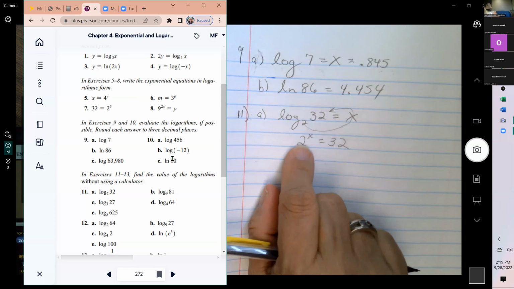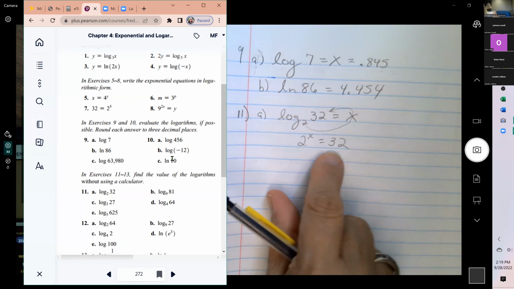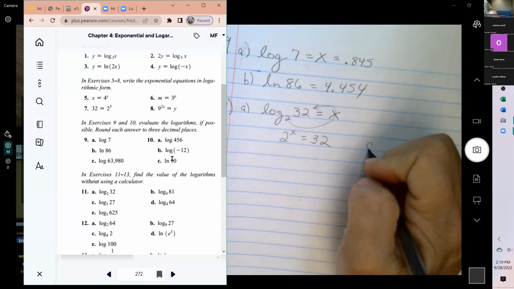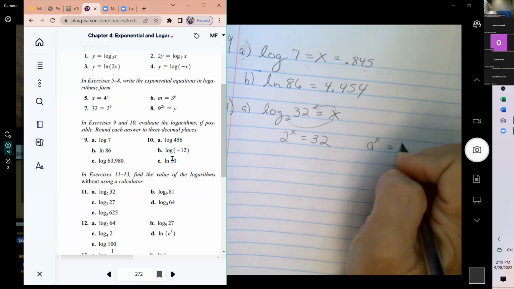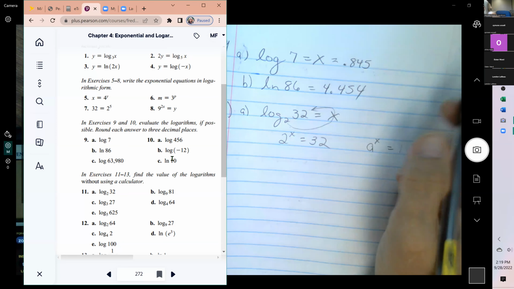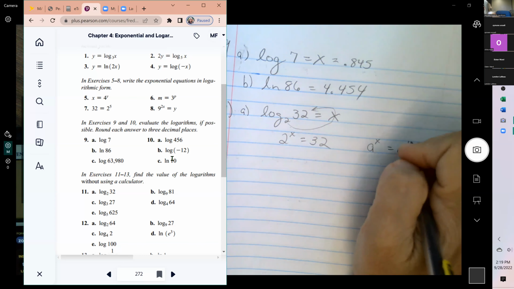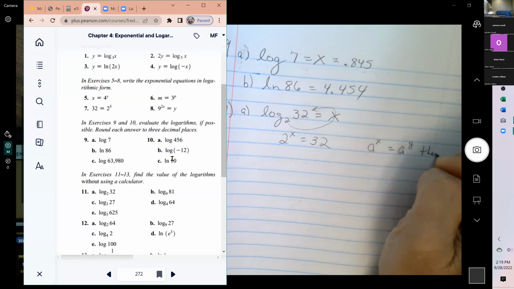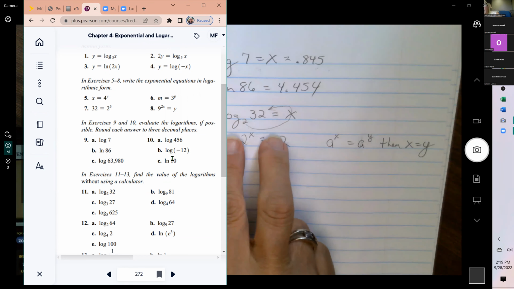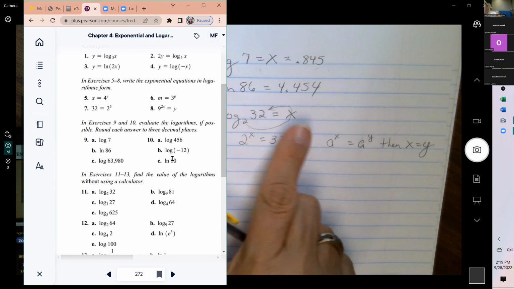So first I rewrote it, 2 to the x equals 32. Now this can't go any smaller, but 32 is 2 to a power, because if I can have the same base, if you have a to the x equals a to the y, then x equals y. So if I can get the same base, I can set the exponents equal.